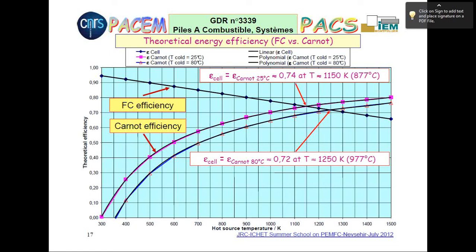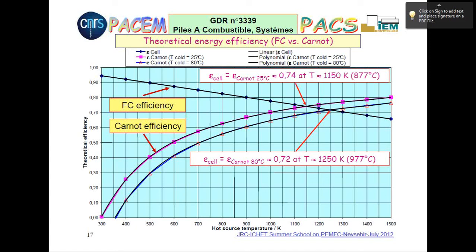Okay? And for PEM fuel cells, which work between, I would say, ambient temperature and 80 degrees, you see the difference is very large. So a big interest of PEM fuel cells is that they work at relatively low temperature, it means that you have a very high efficiency, at least 2 times more than internal combustion efficiency.